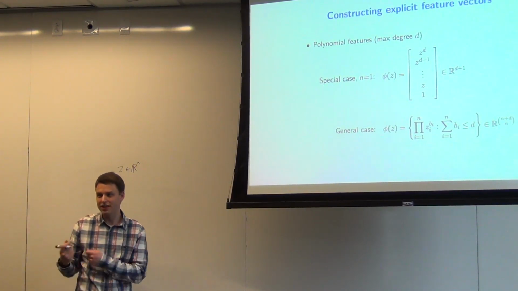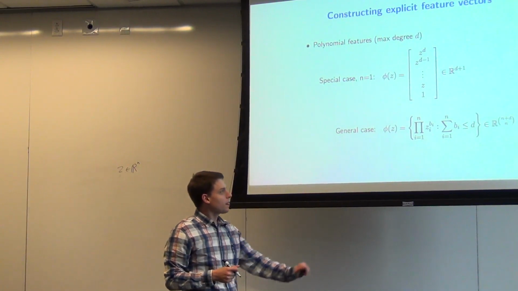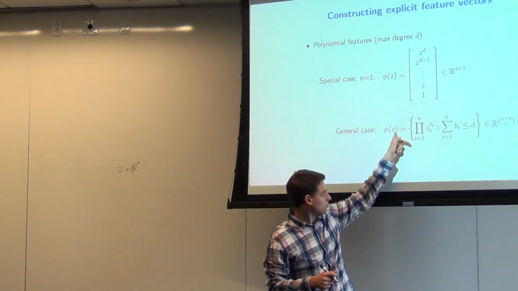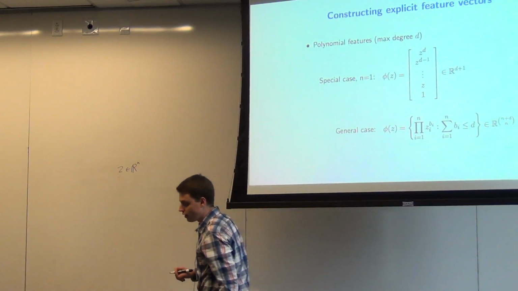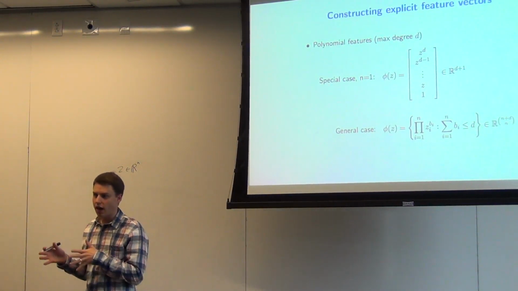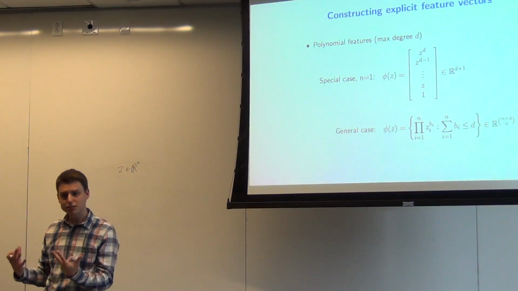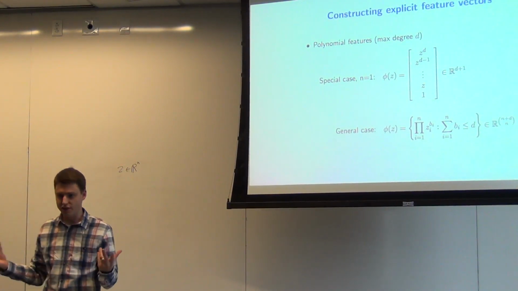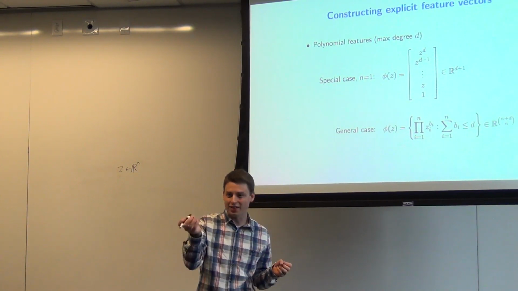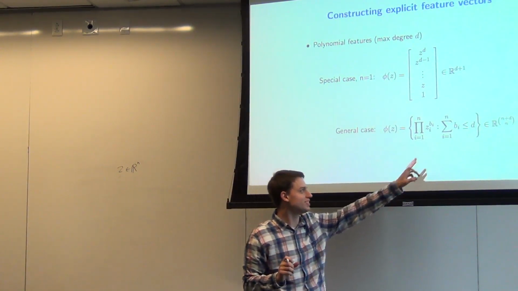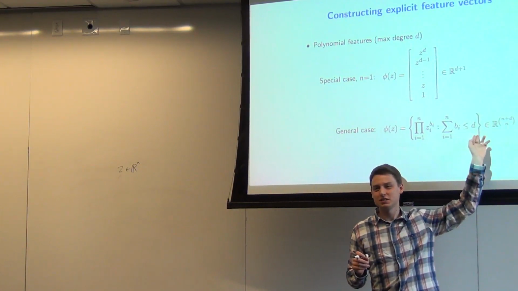That's why I'm using z, not x sub i. So in general, if z is in R^n, then we're going to want different elements of the z_i's, all possible combinations of the products of these elements, where the total power of all elements is equal to, at most, d.